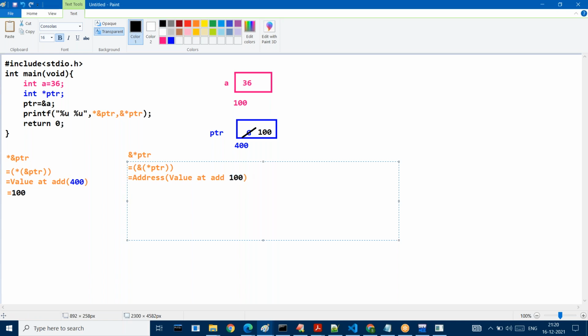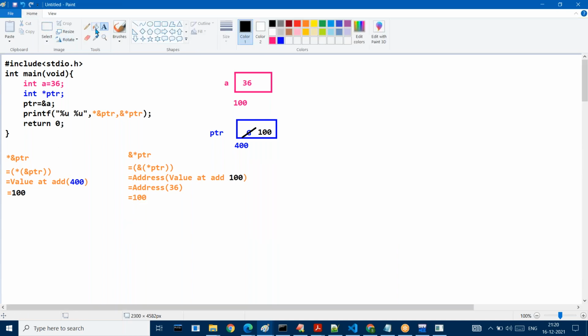Value at address 100 is what? 36. Now what you are telling? Address of 36. Address of 36 is what? 100. So that means in both the cases, it is giving me an address value.